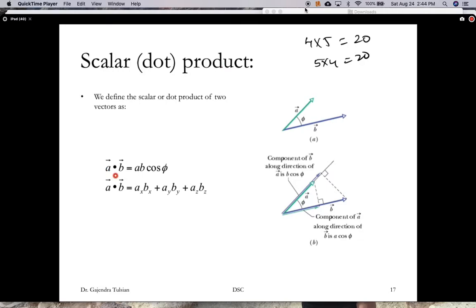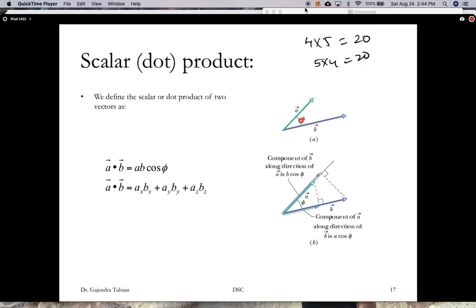So here's the definition of the scalar product, the dot product. You're taking the product of vector A and B, and the notation is A dot B, and it's defined as the magnitude of A times the magnitude of B times the cosine of the angle between the two. And the angle between the two is when they're drawn from the same point.